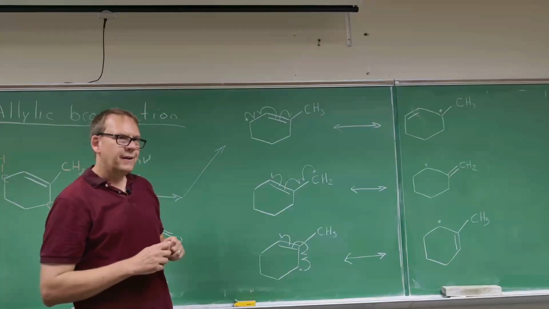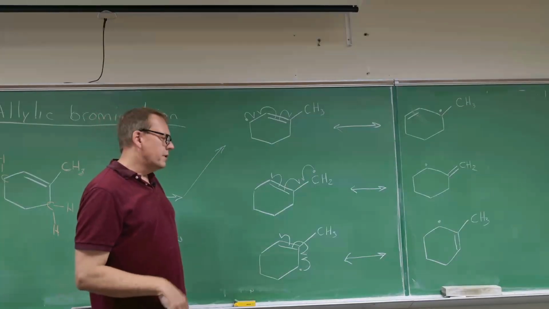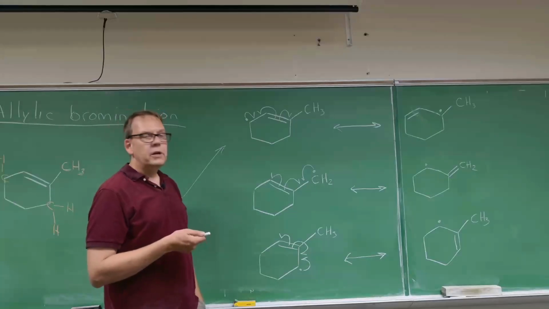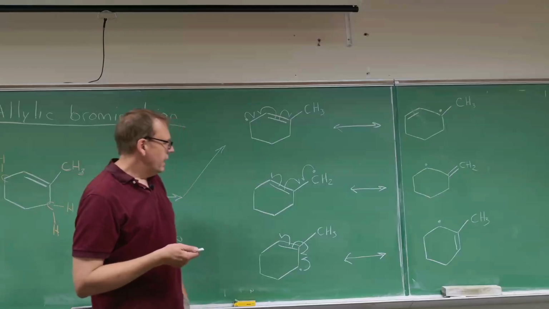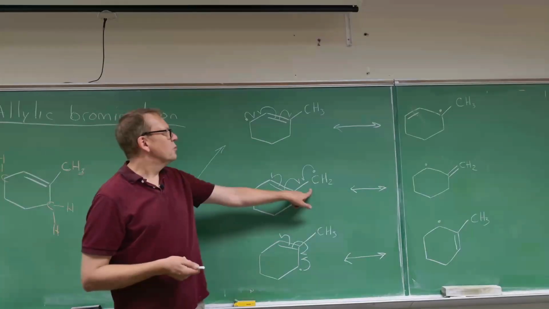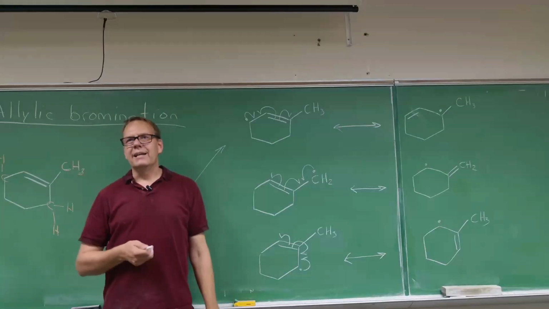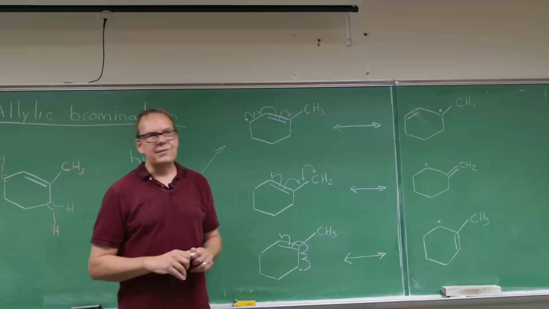Would we have to specify stereochemistry? Good question. Yeah, there is stereochemistry with these things. When you put in a bromine, you're going to make a new stereogenic center in many of the reactions, I think actually all of them except for this one. So it gets to be complicated enough that we're just going to not worry about stereochemistry for these. And that's just by tradition.